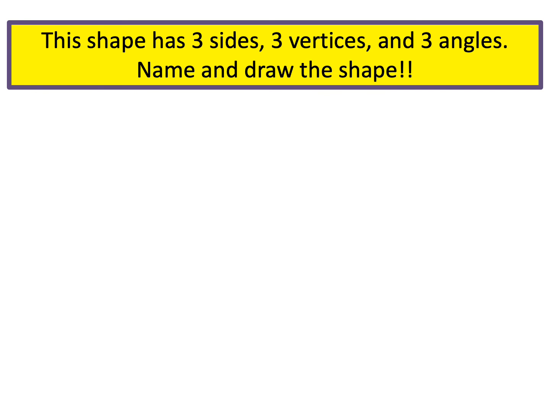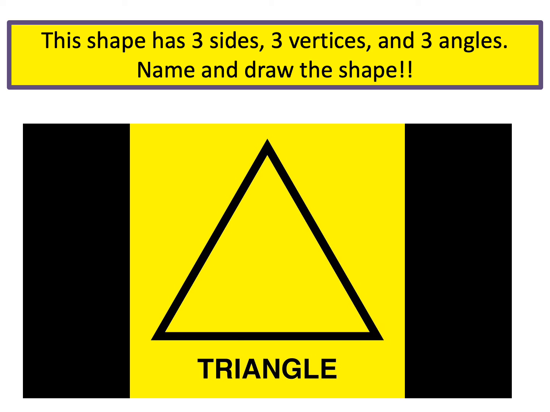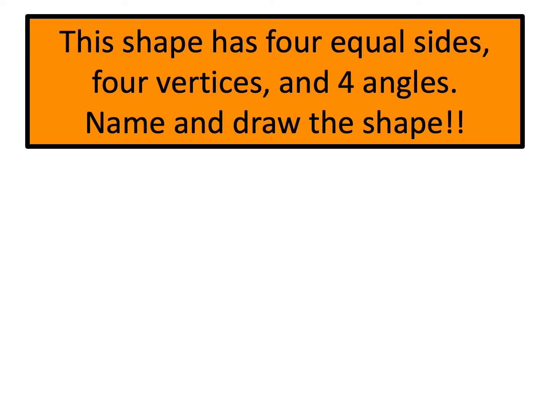This shape has 3 sides, 3 vertices, and 3 angles. What is the name of this shape and can you draw it? Good. The name of this shape is a triangle. Hopefully you drew that picture as well. Let's do another one. Are you ready?